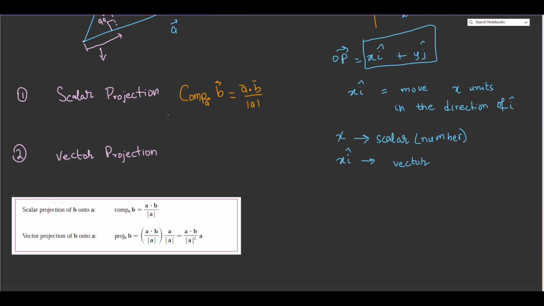And what is the vector projection? The vector projection will be a vector, the projection of B along A. It is denoted by this.